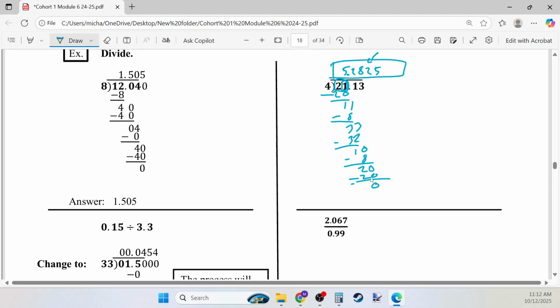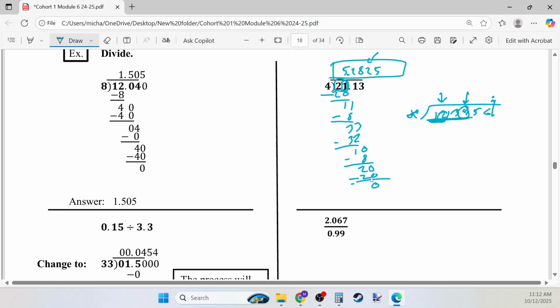So if I have some number, and it goes into some other number, if I'm going into the first 2 digits, I want to write my digit above the 2 here. If I'm going into the first 4 digits, I want to write my number above the 4 here. As long as I do that, when I get to the decimal point, I can just push that decimal point up into the answer and get the right number.